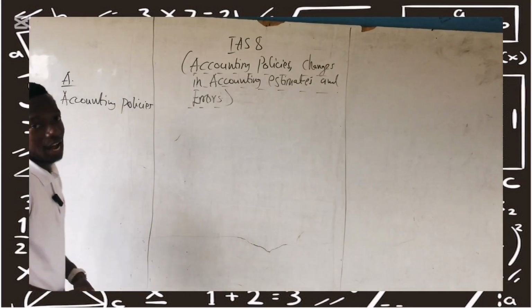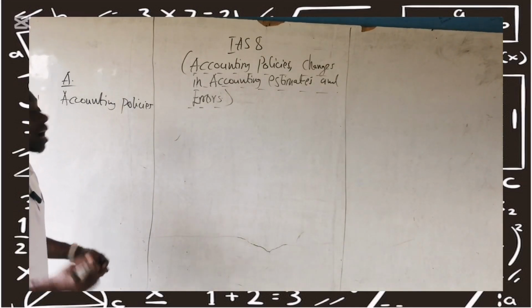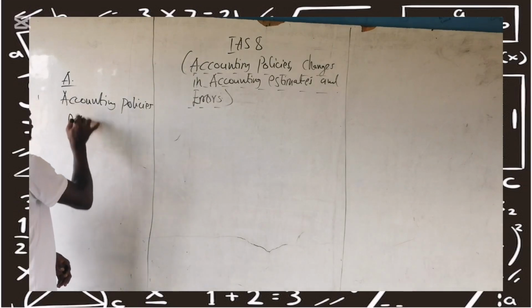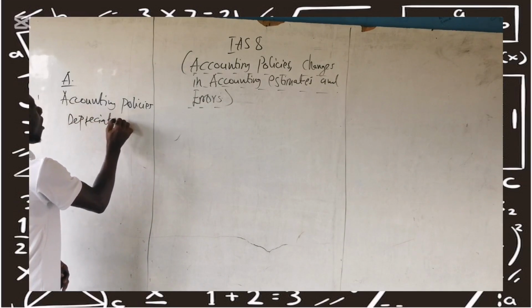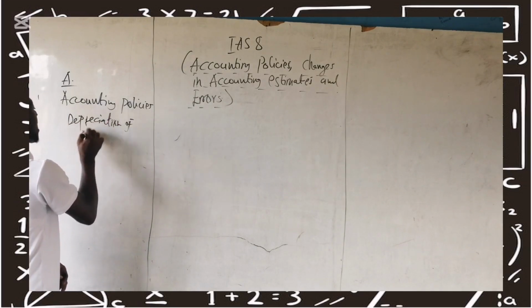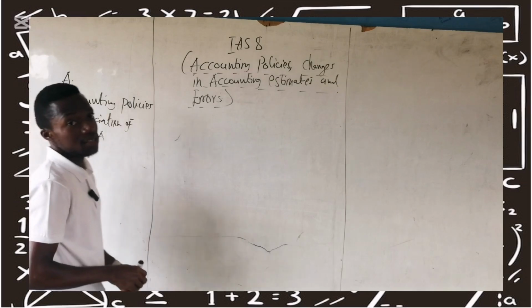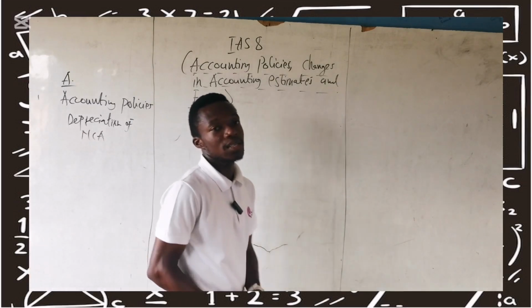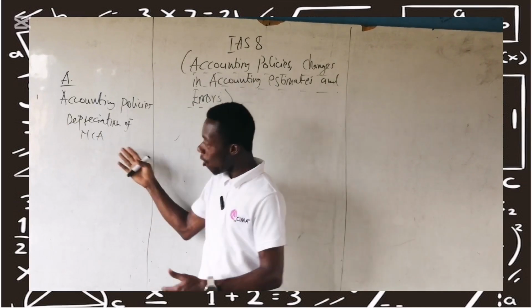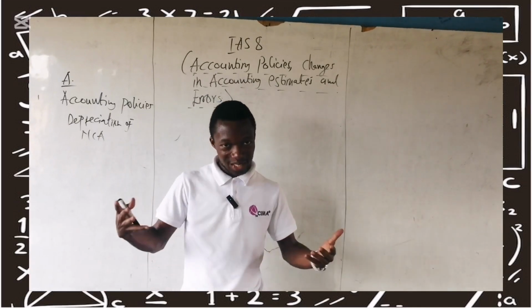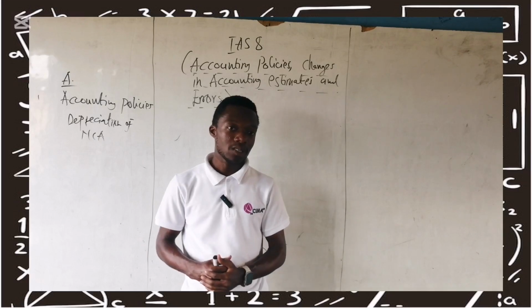For example, when it comes to how we account for depreciation of non-current assets, an entity is allowed to adopt a policy whether to use, say, the cost model or the revaluation model. And that's what policy is all about, right?